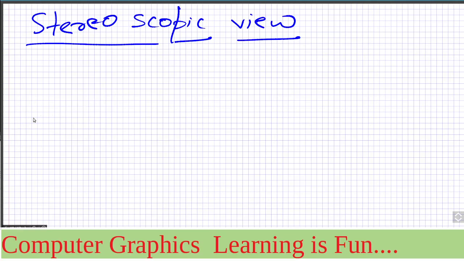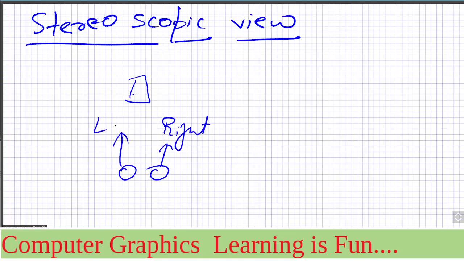There is something that you can see with your right eye and something that you can see with your left eye.